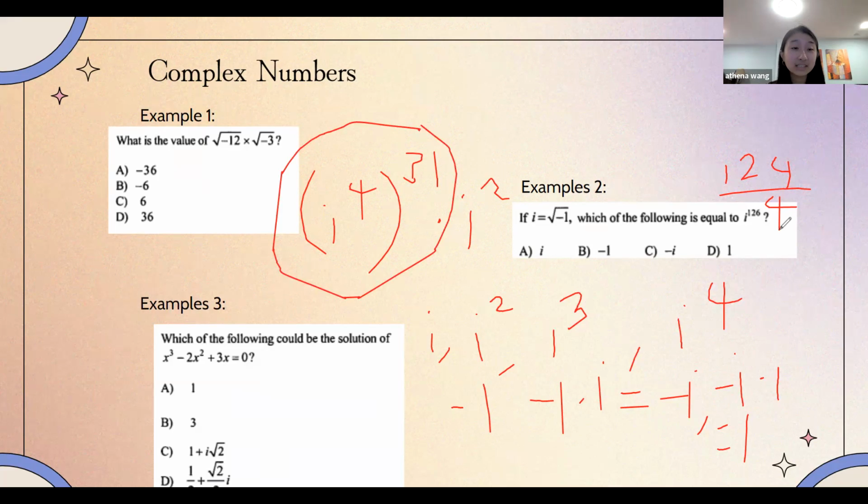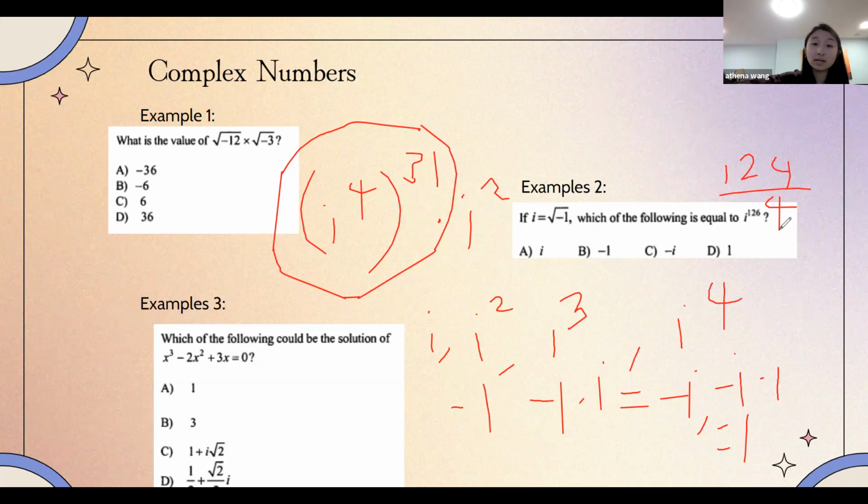Okay, so this is i to the 124, and then by powers of exponents, we have that i to the 124 times i squared is i to the 126, and that is what we want.